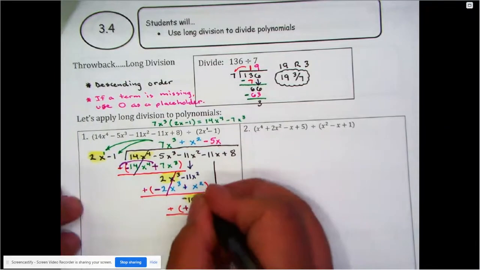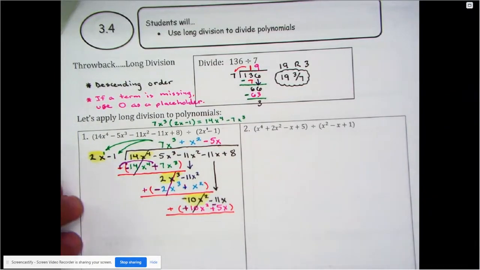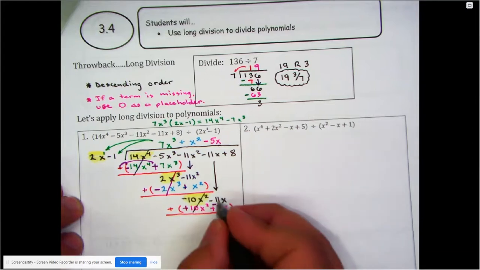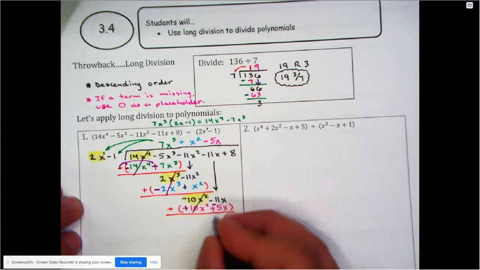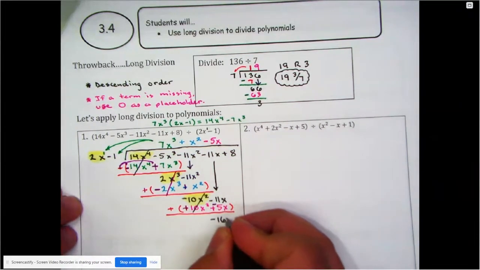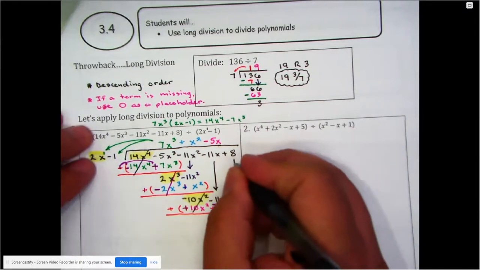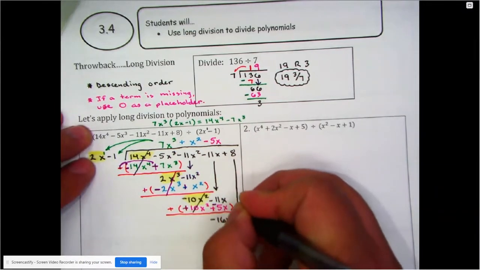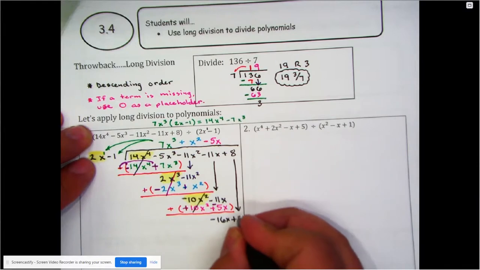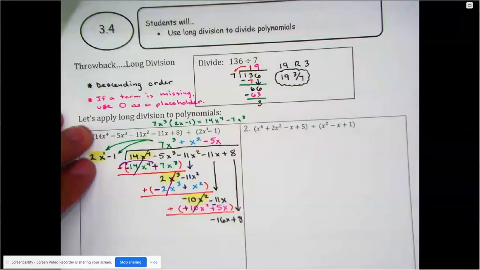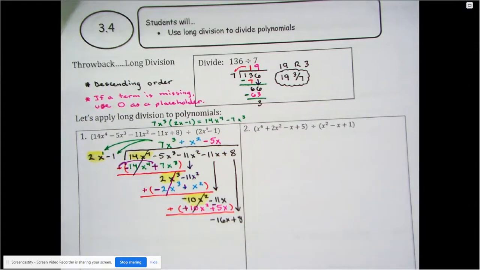I wanted this one to go away, which is why we did a perfect match. But now negative 11 and negative 5 is negative 16x. And finally, look at that, we bring down the very last term. This is why I know this is my last step. I'm not going to have any steps after this. Last number I'm bringing down.